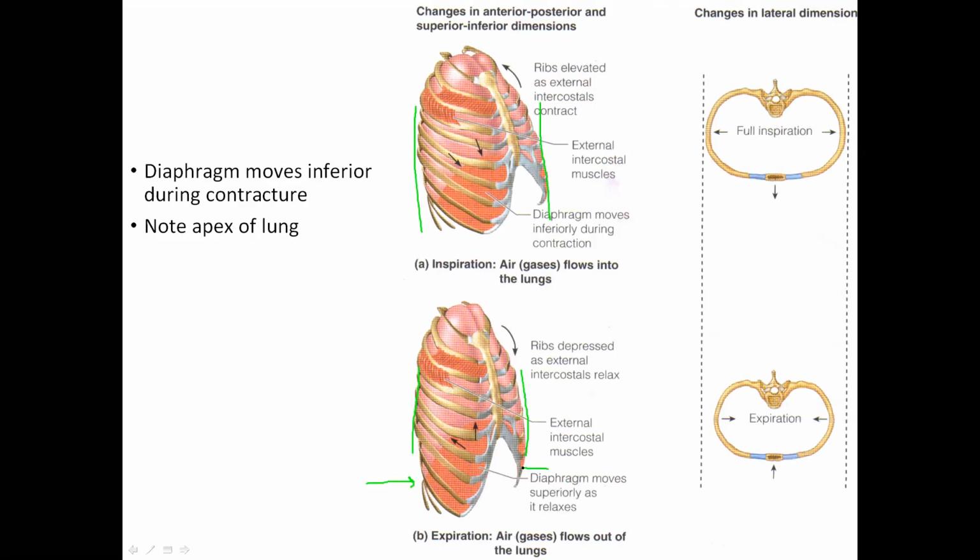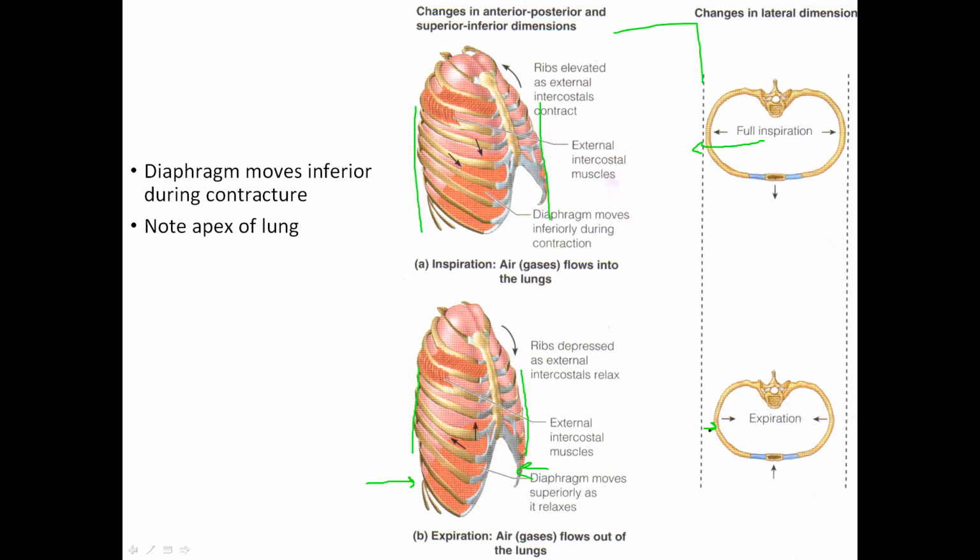Because when you take a deep breath in, your rib cage actually expands. The ribs come up and out, the thoracic cage expands, the volume increases, and then when you breathe out, or expiration, the ribs go down and in, decreasing the thoracic volume.